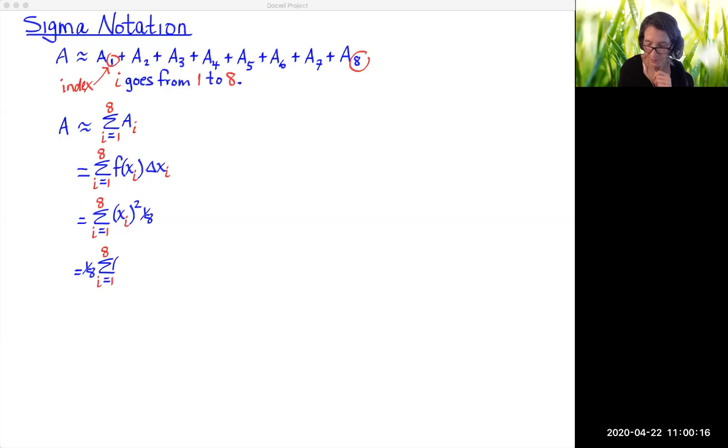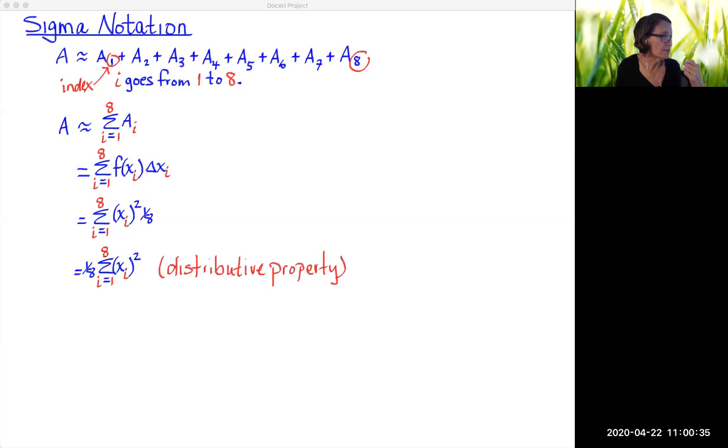What I'm doing here is pulling the 1/8 out because each of the terms in my sum has a 1/8. So the distributive property says I can pull the 1/8 out of each term. So I'm using the distributive property here.